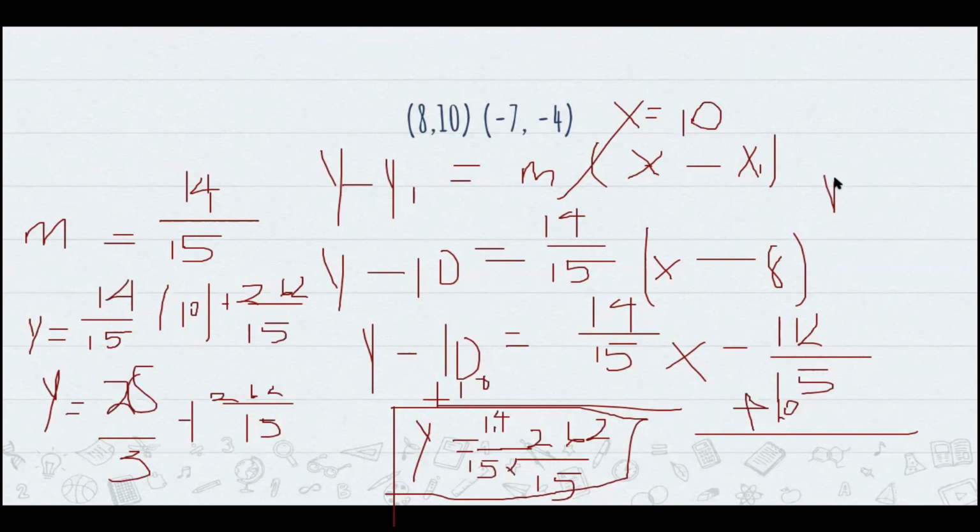That gives you y equals 134 over 5. So your x value will be 10, and then your y value will be 134 over 5.